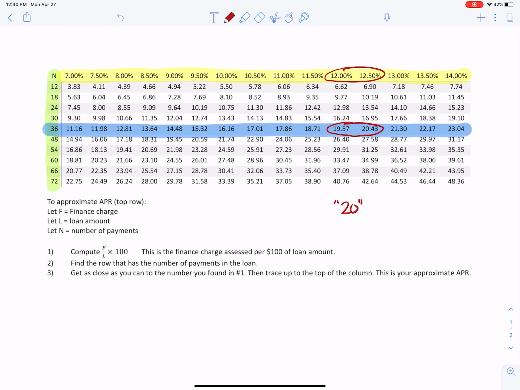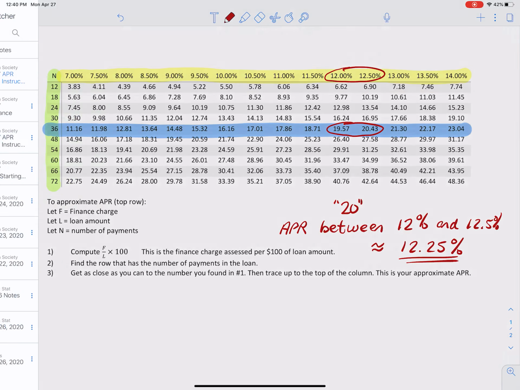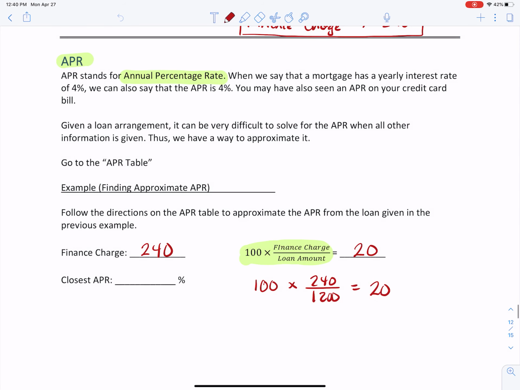What we would say is that the APR is between 12% and 12.5%, or since it's right in between, it is actually acceptable to say 12.25%. So coming back to our notes here, I'm going to say 12.25.